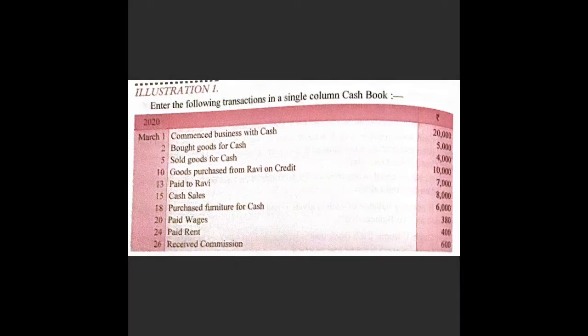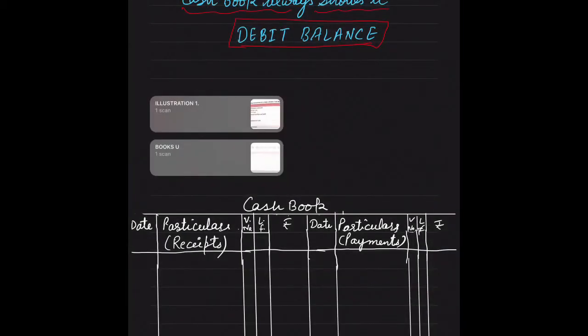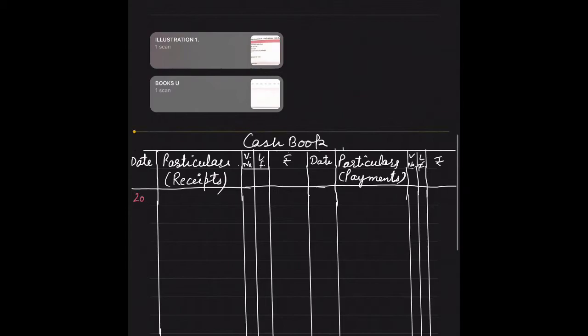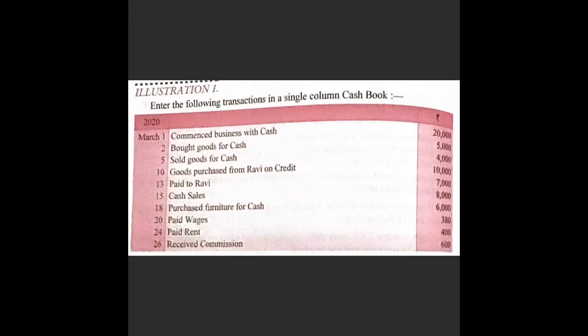What will be the entry? 2020, 1 March, to capital account, the amount is 20,000.